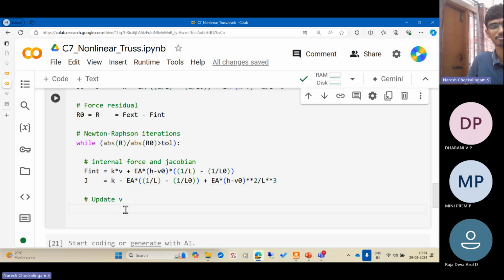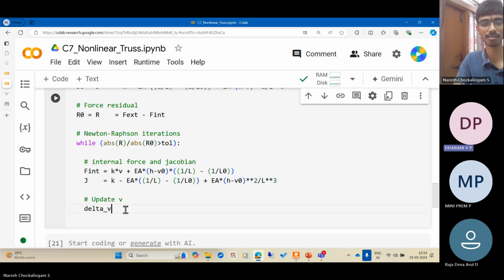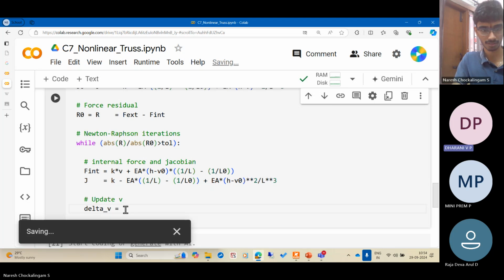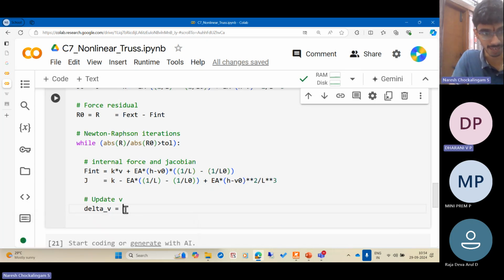Okay, so then what is the update? V is equal to, so delta V is what? Minus R divided by J. Yeah, it is R divided by J. R is nothing but F external minus F internal. So F external is not going to change, but F internal changes in every loop.